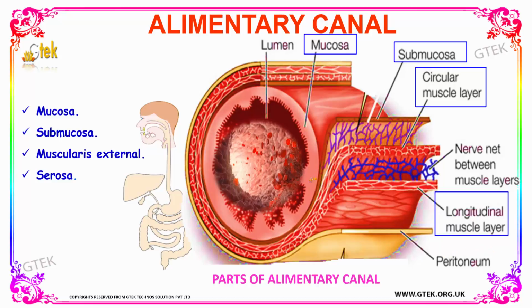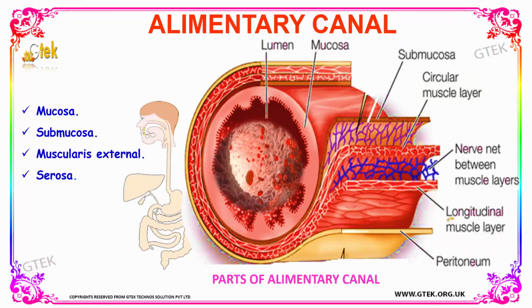You have your serosa over here. And the outermost layer is the peritoneum. So this is the part of the alimentary canal. The region over here is known as lumen, through which the food particles are transmitted.